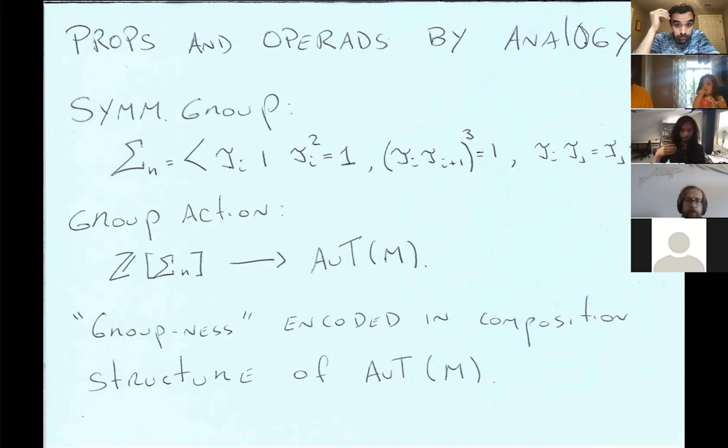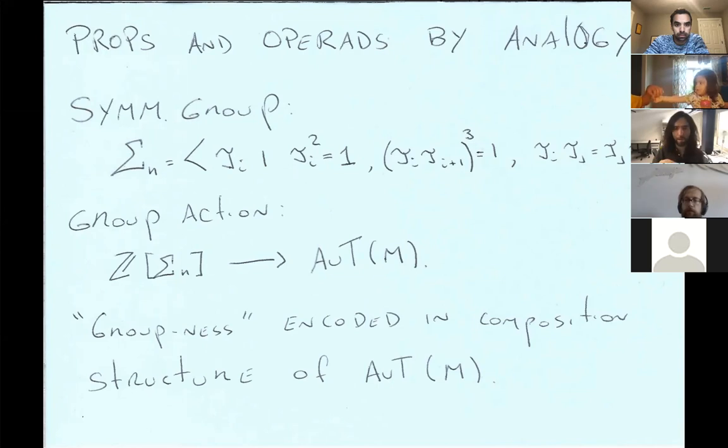We could imagine arriving at this notion, as Galois and others did, through understanding the composition structure that this automorphism has. So we're going to describe what props and operads are in a similar manner.